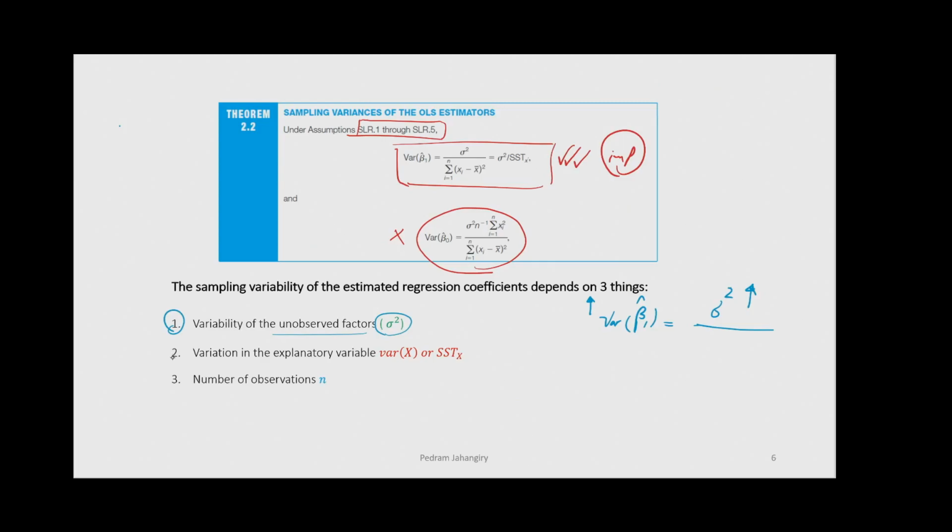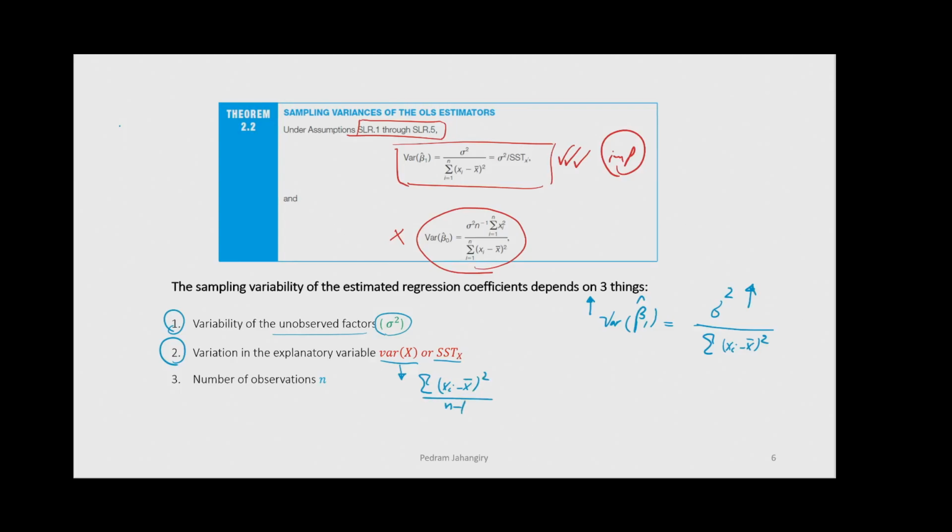So what's the second one? The variation in the explanatory variable, variance of x, or we can ignore the sample size and call it SSTX. Let me write it down: the summation of xi minus x bar squared. Why do I write variance of x here? Because the definition of variance of x is the summation of xi minus x bar to the power of 2, divided by n minus 1.